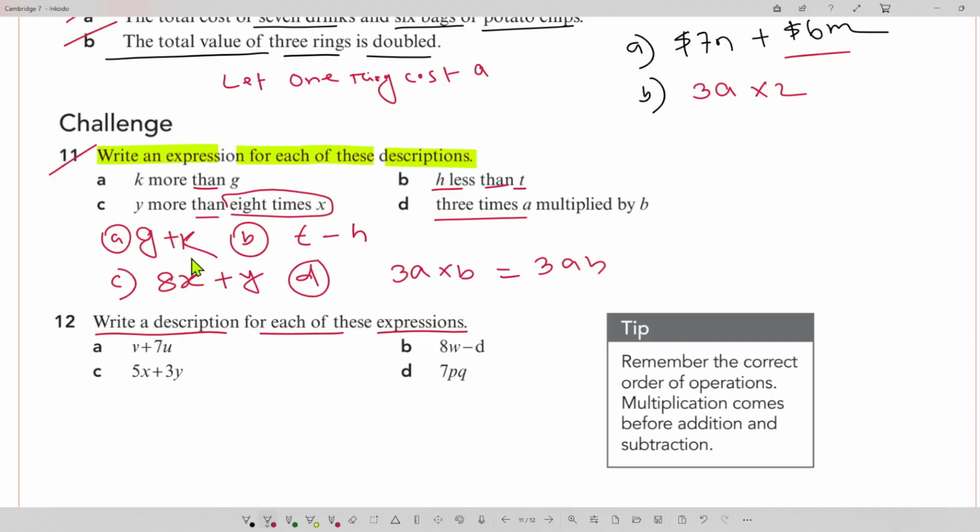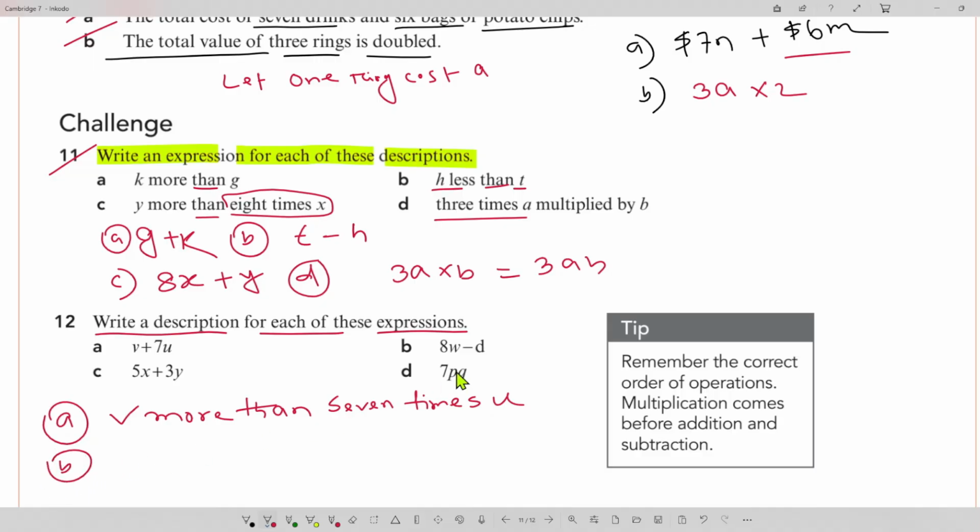So look, last one we wrote y more than 8 times x, we wrote 8x plus y, so this one also we can write v more than 7 times u.